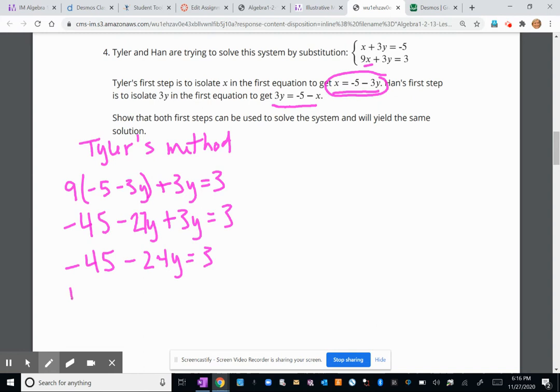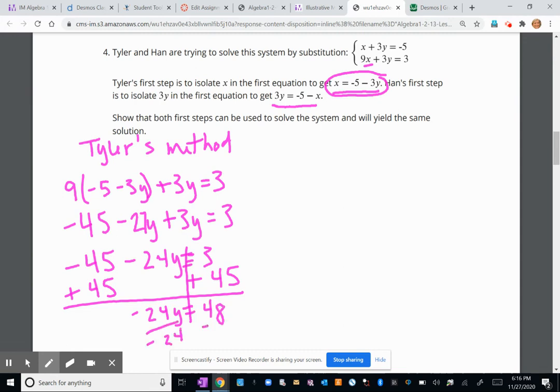Now add the 45 to both sides, right? Because we're trying to keep that equation equal. And we get negative 24y equals 48. And so divide by negative 24, and you get y equals negative 2.